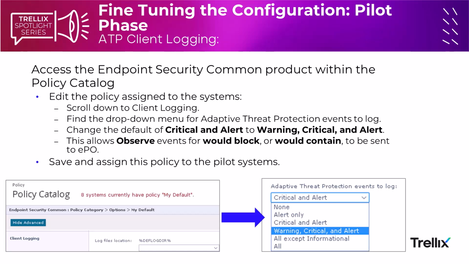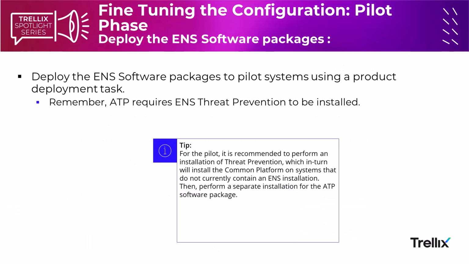The default's critical and alert, so we've got to change this at least to warning, critical, and alert. You could go with all or all except informational. There's really no need to for observe mode. You just need to make sure you're allowing these warning events to be logged. And again, I will show that to everybody. The other thing to keep in mind, and this is just my own personal recommendation, right?